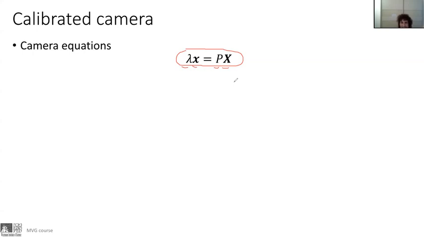I think we want to know the true 3D coordinates, so the big X is unknown. We don't know P, the camera matrix. We also want to know it, right? This is also unknown. And what we know? We know x. Exactly. We know x, and we don't know also lambda, which is some slack variable, I would say, something that is a byproduct that we'll discuss later on also. Great. Very good.